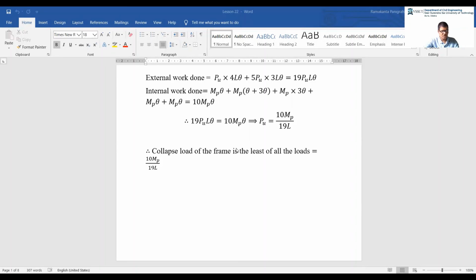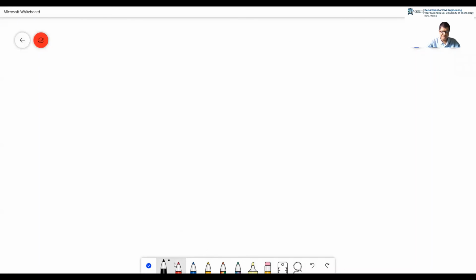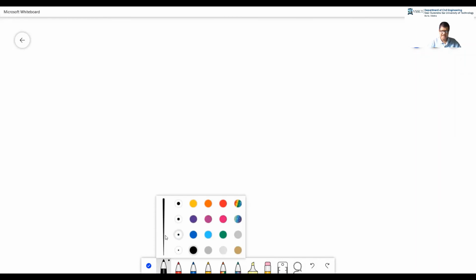Another example we can do now for these problems. Let us go to our blackboard. Now, what is being done here? Suppose a problem is given in this way. So, how will we find out?